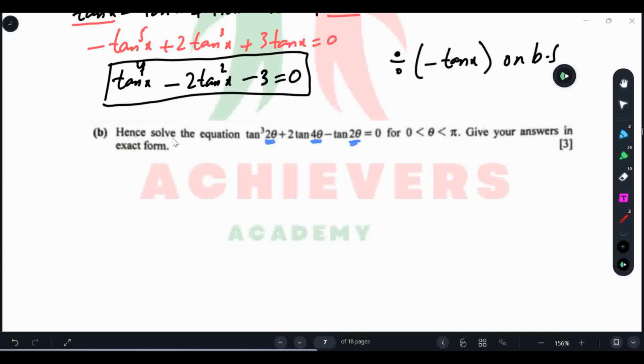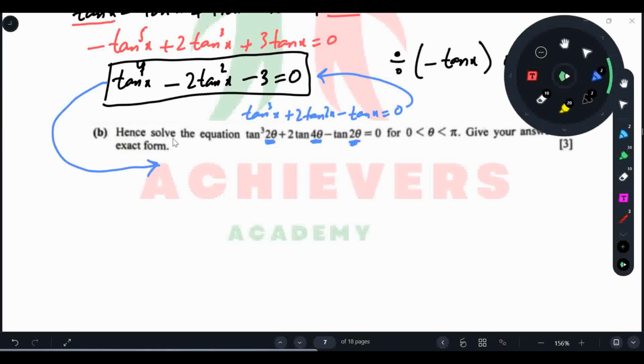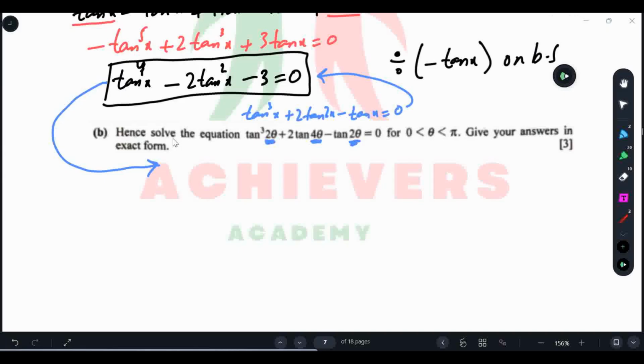The initial equation was tan cube of x plus 2 tan of 2x minus tan of x is equal to 0. So from this equation we have got this one. We need to change this, because the angle is changed. Be very careful about the angles.